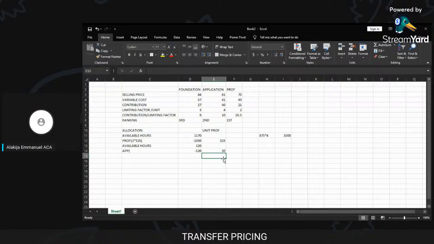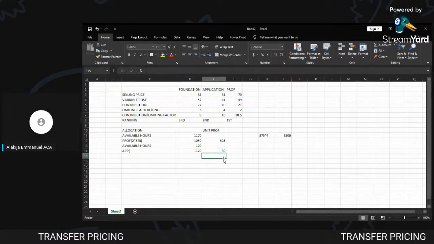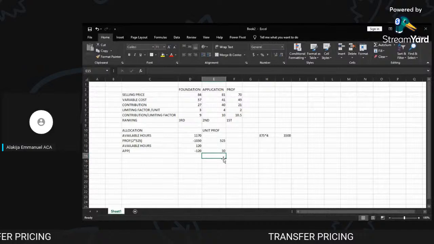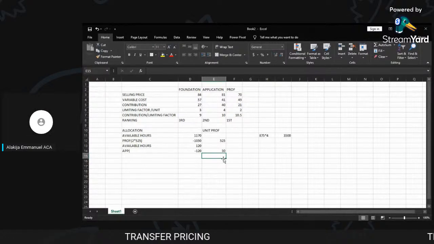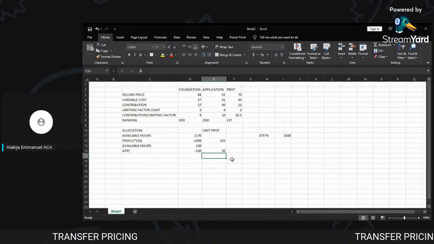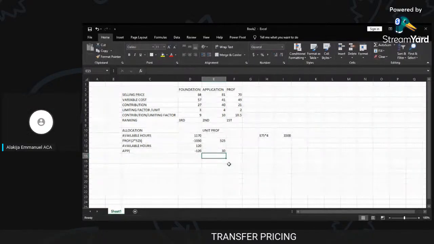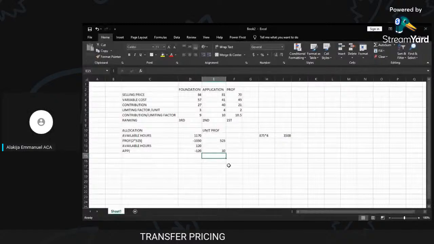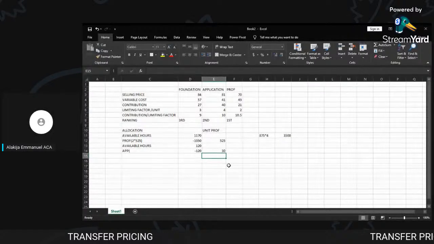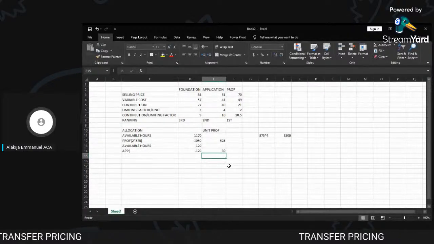Now we can go on and say, what is the appropriate transfer price for the product? Don't forget, which of these products do we want to transfer? We want to transfer application. How many units of application do we need?